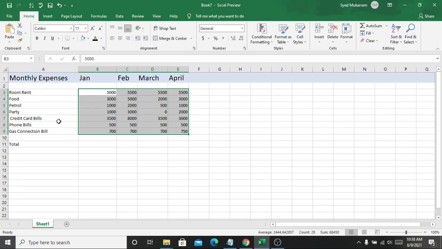This is the most common feature with most software, not only Excel, because alignment is the position of the data or values. You could see text is mostly on the left side and numbers are on the right side.